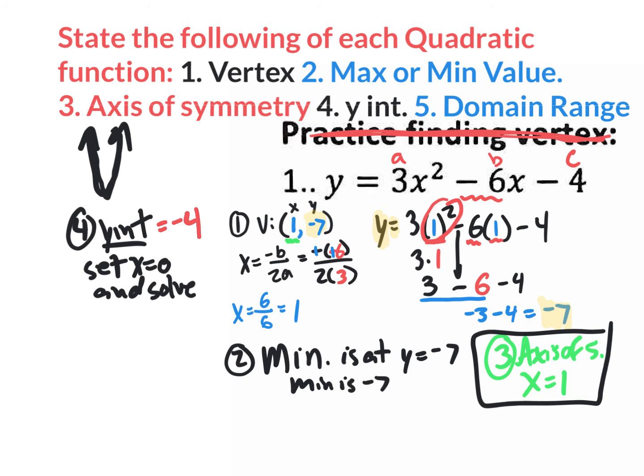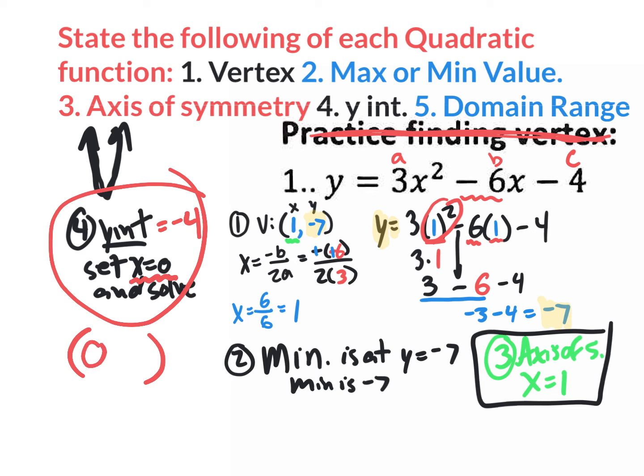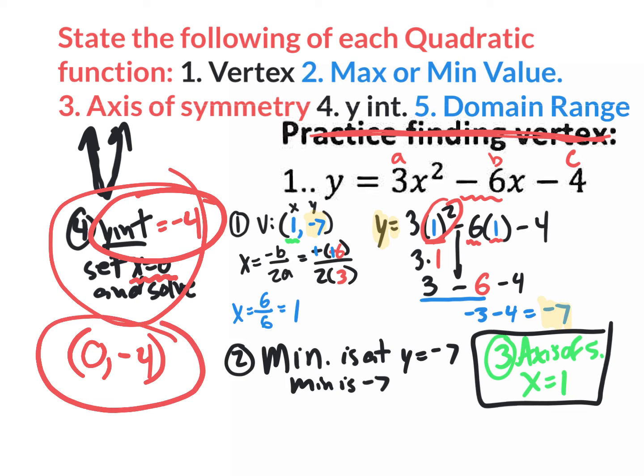Negative 4. That's your answer. The y-intercept is negative 4. What's another acceptable answer? You could give me the exact location of where it would cross, as a coordinate. Now, what does that mean? Well, if x is equal to 0, your x value is 0 and your y value is negative 4. So you could say the y-intercept is negative 4, or you could type it in as a coordinate: 0, negative 4.